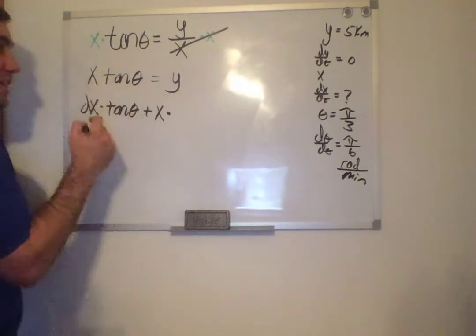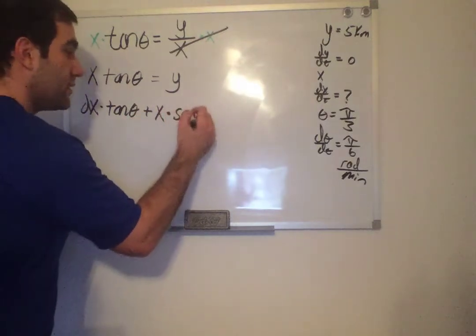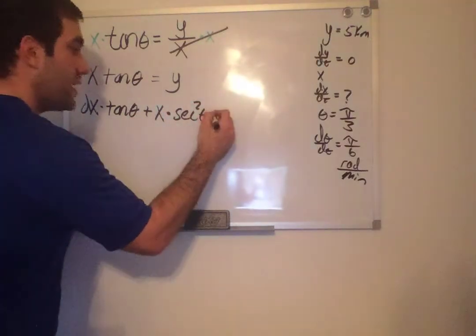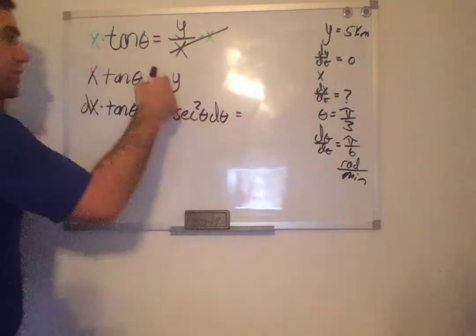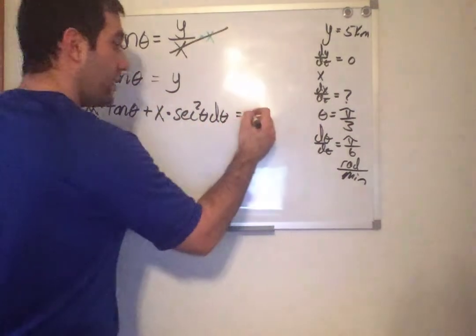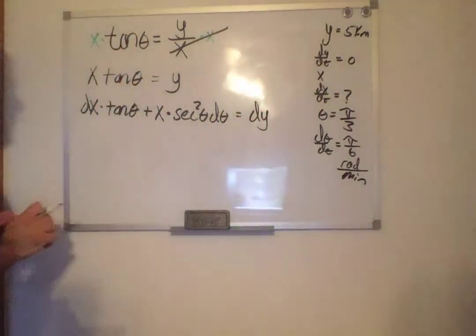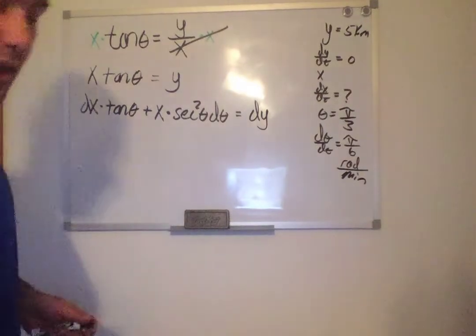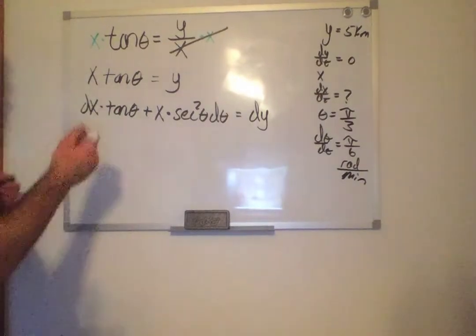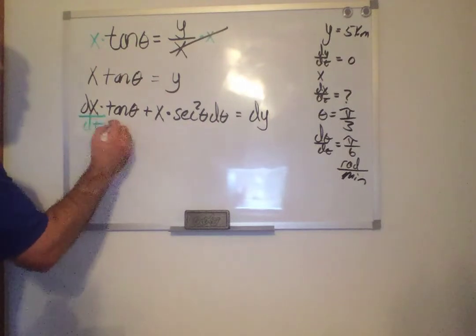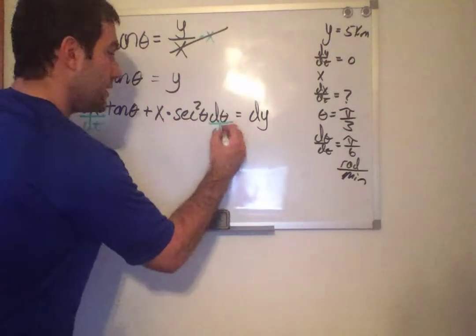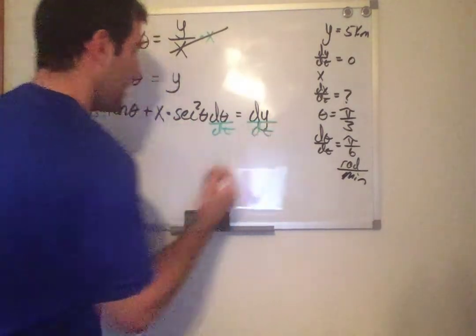The derivative of tangent of theta is secant squared of theta, and don't forget your d theta, is equal to derivative of y is 1, but you got to remember your dy. Now, I'm going to divide by dt here: dt there, dt there, dt there.